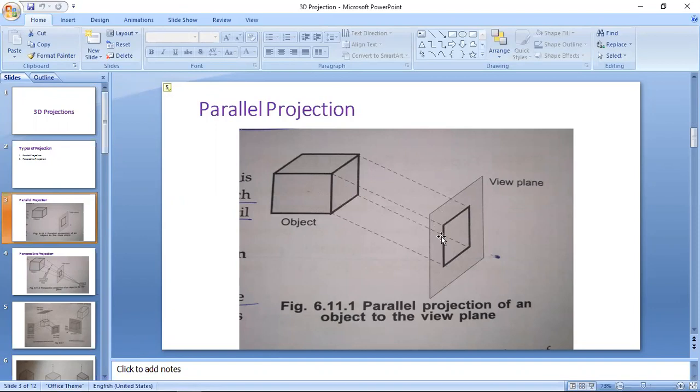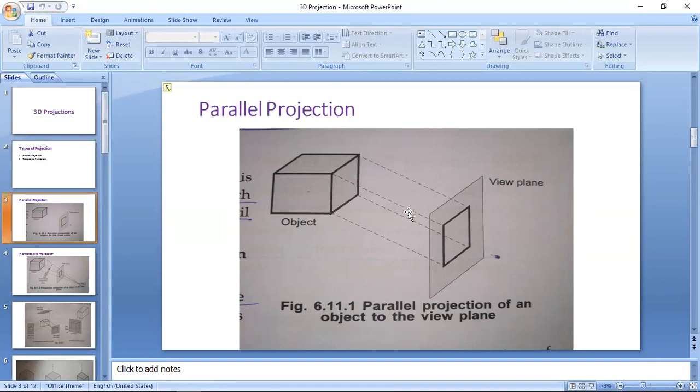These lines are perpendicular to the plane, but parallel to each other through the vertices of your object.